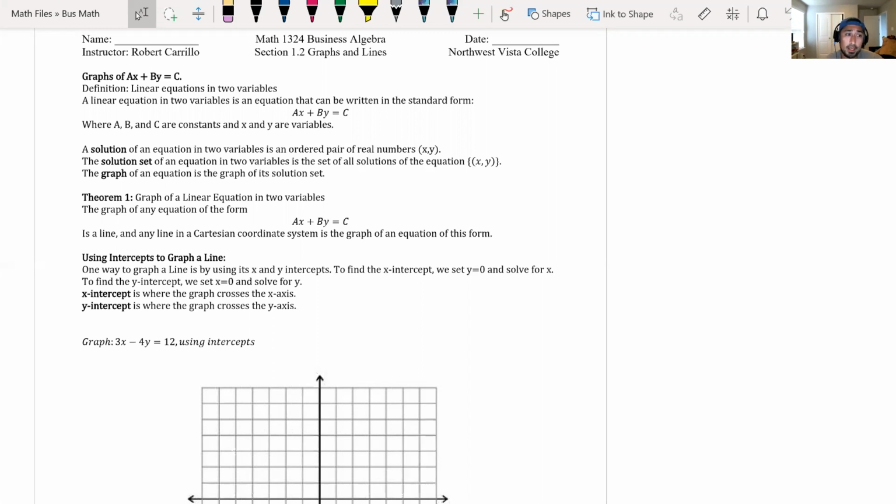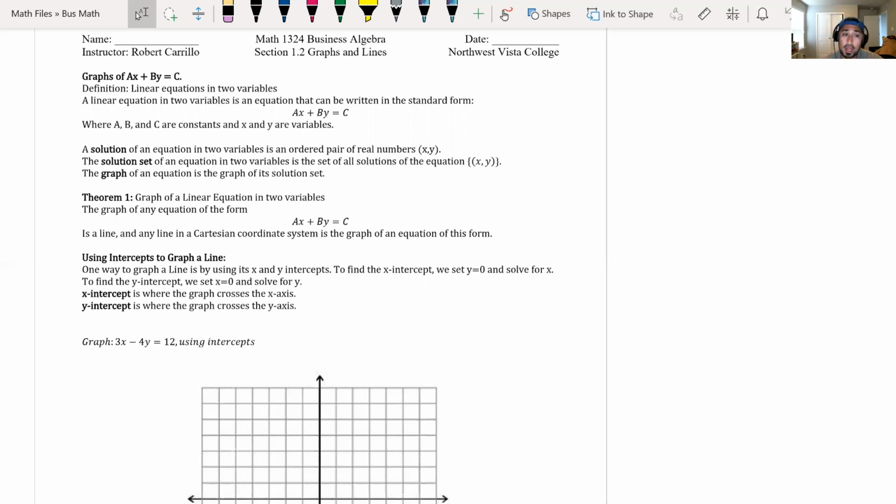Okay. A solution of an equation in two variables is an ordered pair, (x, y). The solution set of an equation in two variables is also (x, y). And the graph of an equation is the graph of its solution set. Okay.